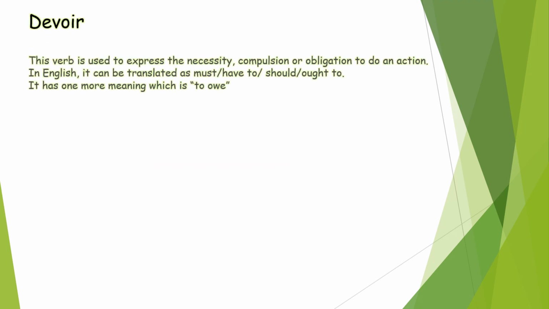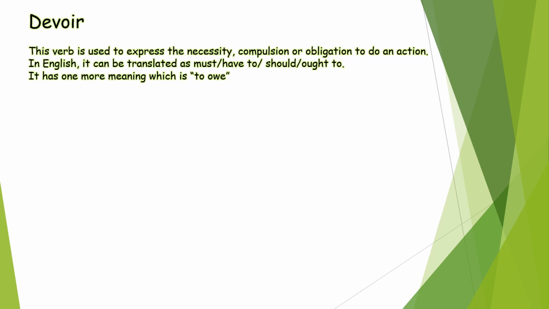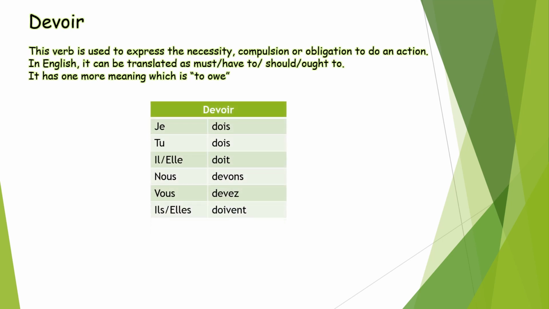Devoir. This verb is used to express the necessity, compulsion, or obligation to do an action. In English, it can be translated as must, have to, should, ought to. It has one more meaning, which is to owe. Devoir: je dois, tu dois, il, elle, on doit.